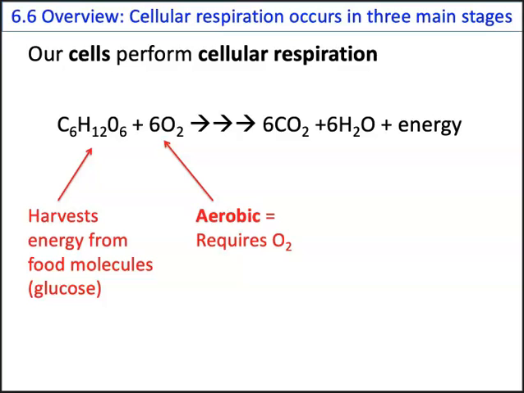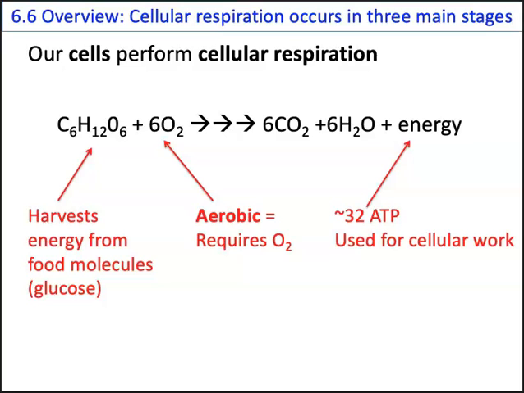And this is an aerobic process, meaning that it requires oxygen. 6 molecules of oxygen, in fact, for every molecule of glucose that you're breaking down. And we end up releasing about 32 ATP, and that ATP is used for cellular work, powering the reactions of the cell.